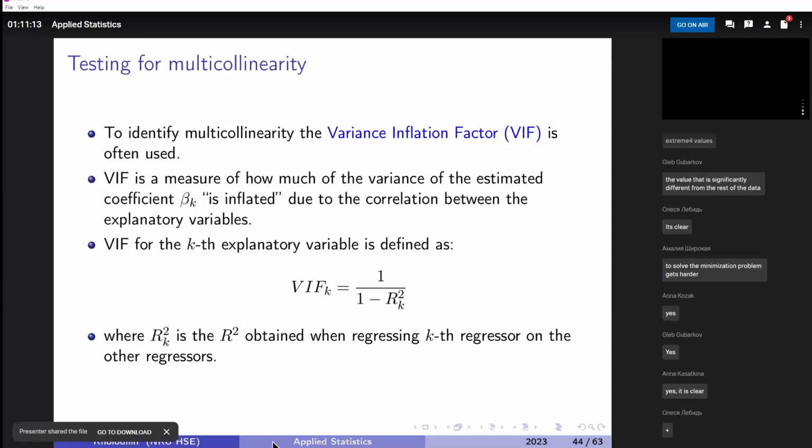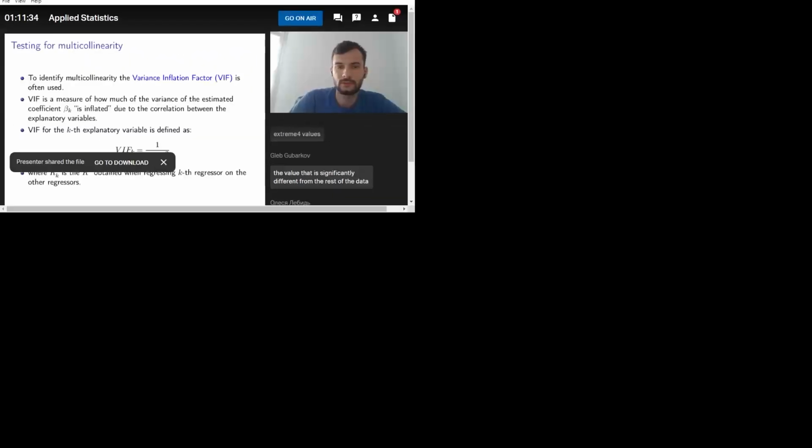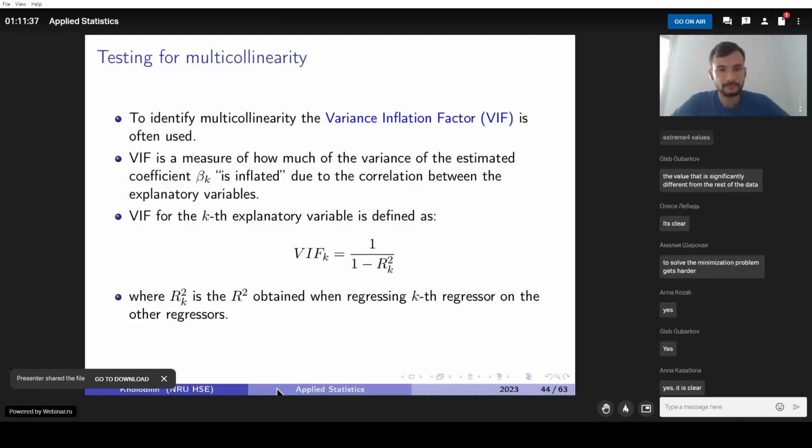And what we need to do is to write this test for multicollinearity. So the variance inflation factor is calculated for every parameter, so every regressor. How is it calculated?